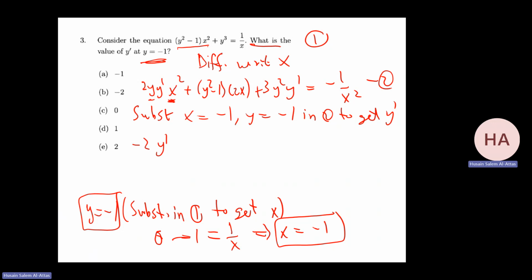Minus 1 squared is 1, so it's minus 2, plus, if we plug minus 1 here, I have 0, plus 0. Here I have plus 3 y prime equals minus 1 over minus 1 squared, equal to minus 1. What is this? This is y prime equals minus 1.